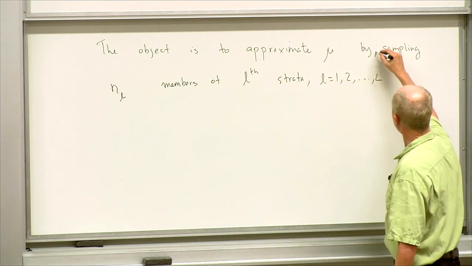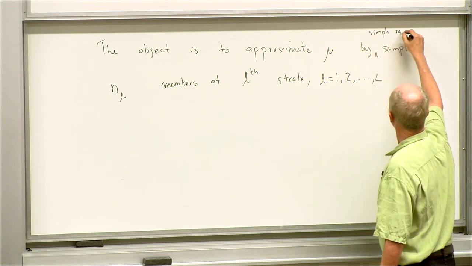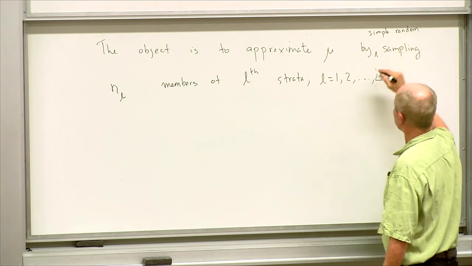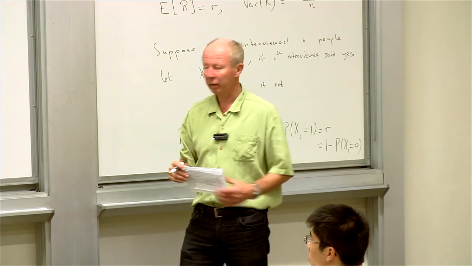And let me insert in here by simple random sampling. Okay, so in each strata, we perform simple random sampling. We take little n sub L individuals from the Lth strata.